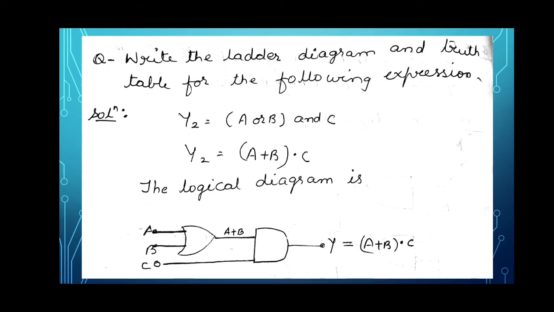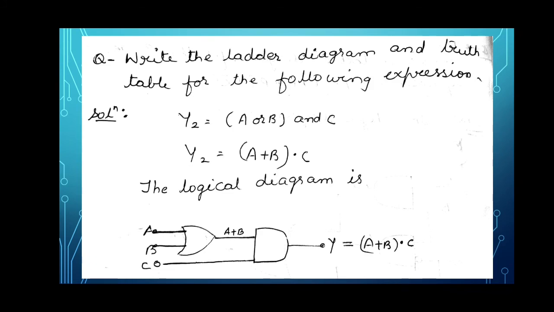Next question is write the ladder diagram and truth table for the following expression. So you can get 2 expressions, and from the 2 expressions one expression will be for 5 marks. So here one expression they are asking, Y2 is equal to (A or B) and C. First we will write the expression form, then we will draw the logical diagram.